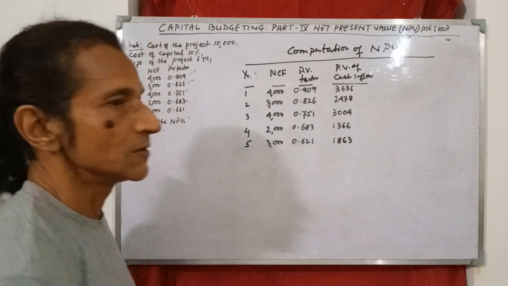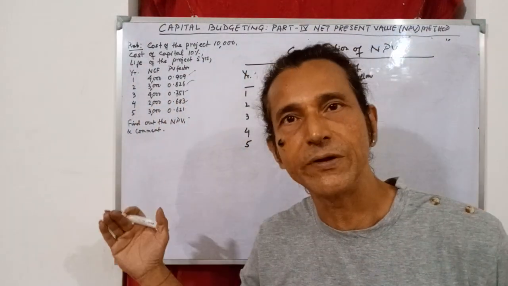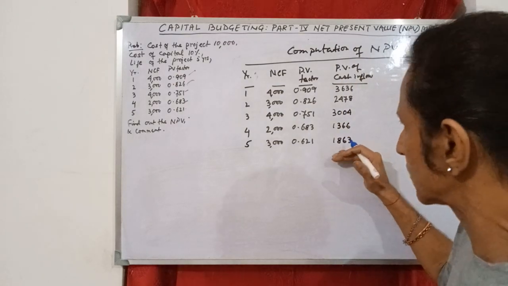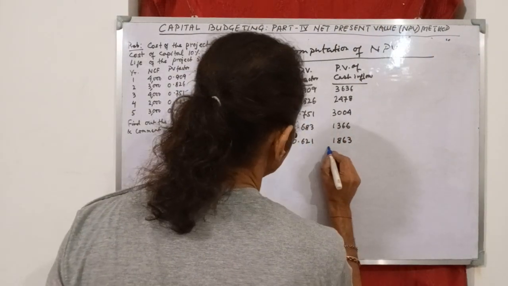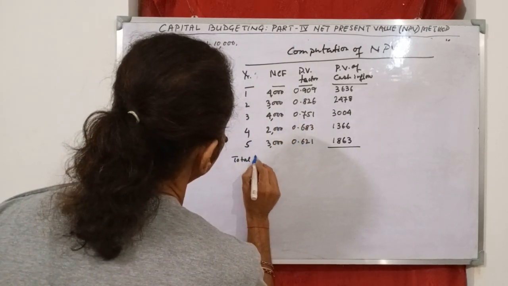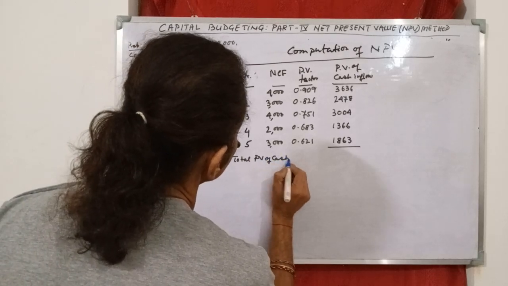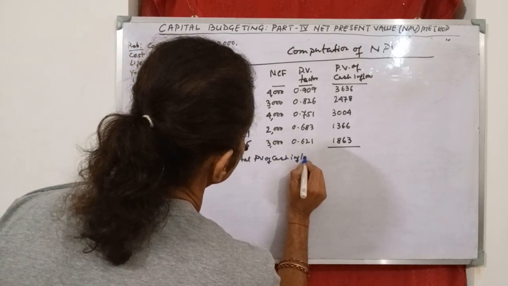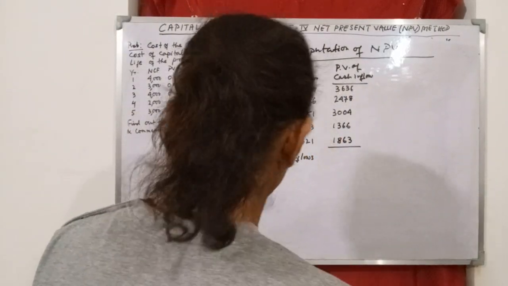Right? So present values of all the future cash inflows have been calculated here. Now we have to add this. So total PV of cash inflows, we have to add this.